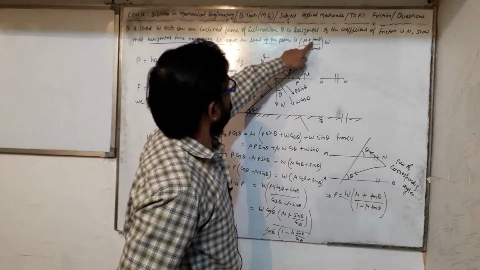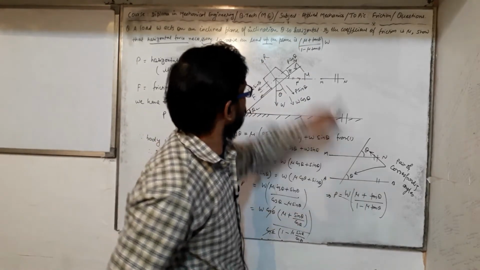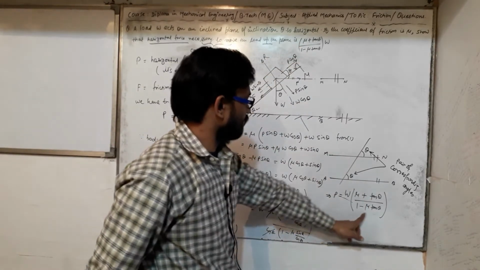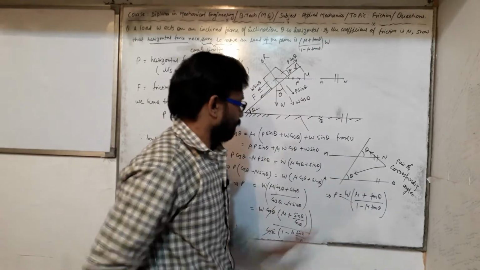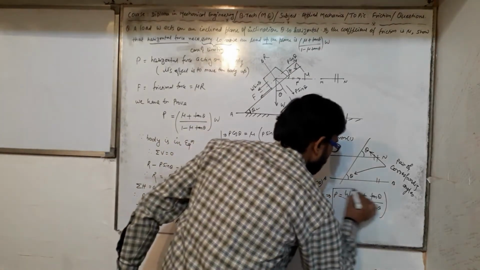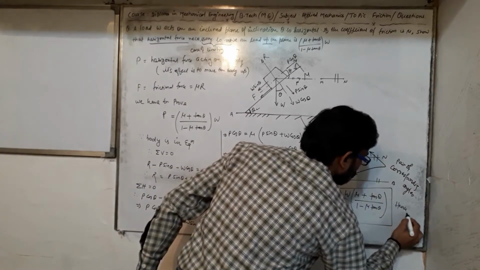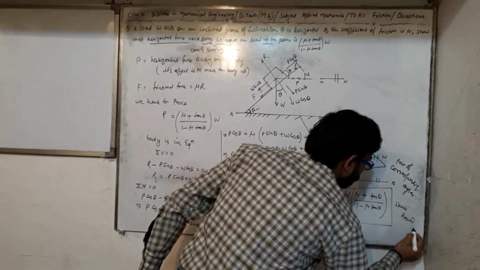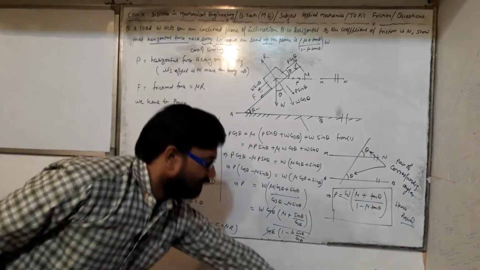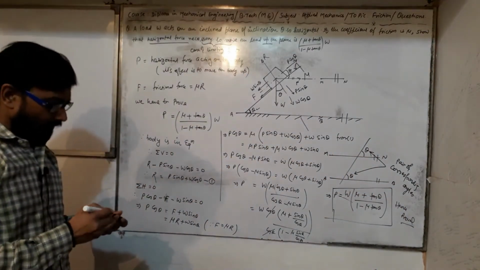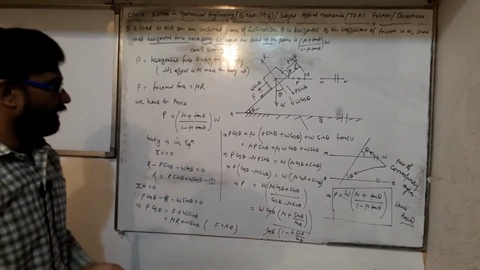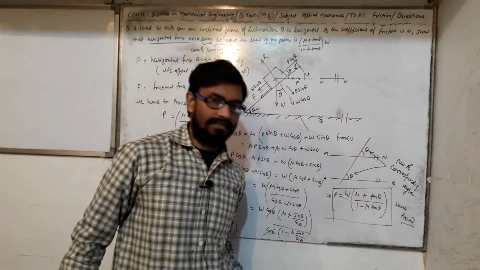See here, mu plus tan theta divided by 1 minus mu tan theta times W, hence proved. This is what we had to prove. I think it is very much clear according to the question, and we have got the result.